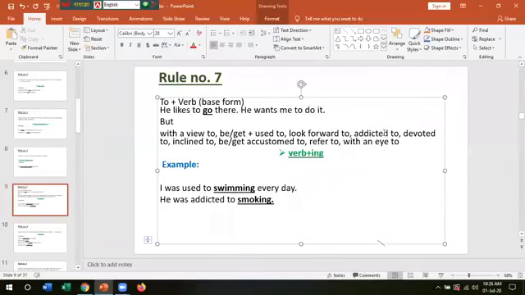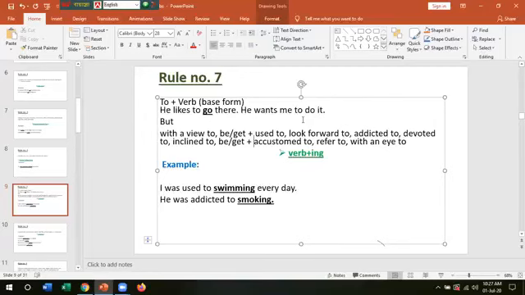devoted to, inclined to, be or get plus accustomed to, refer to, with an eye to. With an eye to means intention. I told you, and you wanted an example, but our time was finished. So I'm giving you an example. With an eye to raising fund, he organized the program.